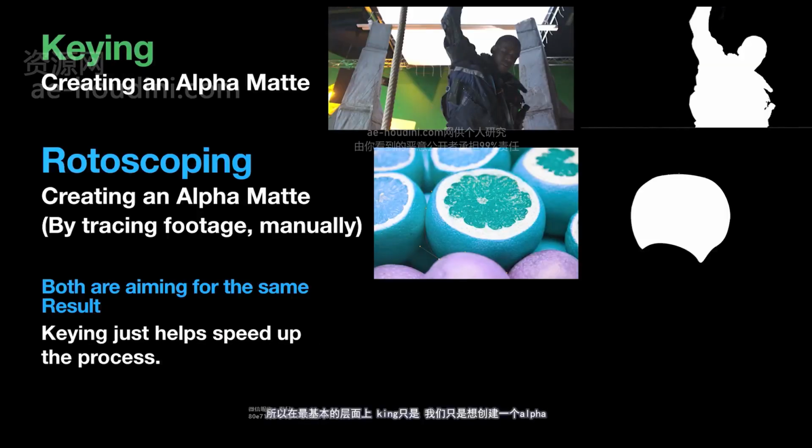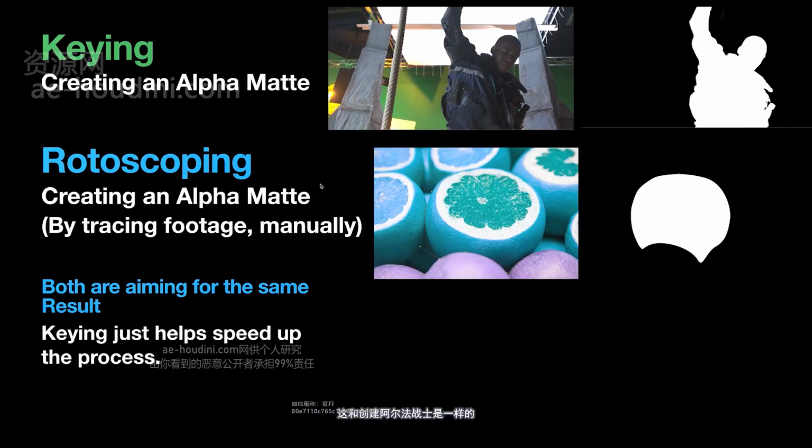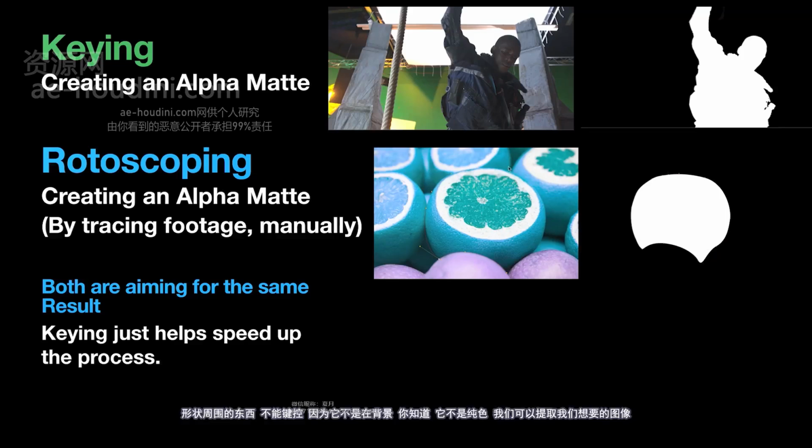So on a very basic level, once again, keying is we're just trying to create an alpha. We're trying to create a cutout using a color so that we can do it faster, so we don't have to rotoscope all of this manually. Rotoscoping is trying to do the same thing. It's trying to create an alpha. We're drawing a shape around something that can't be keyed because it's not on a solid color that we can just extract the image that we want off of.